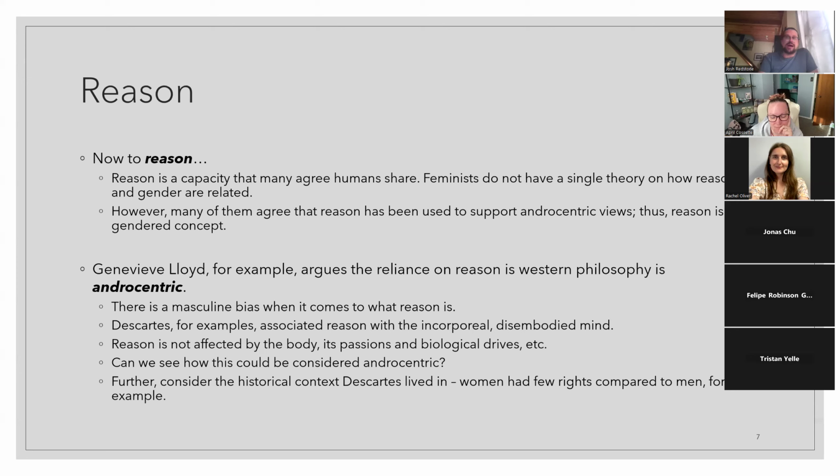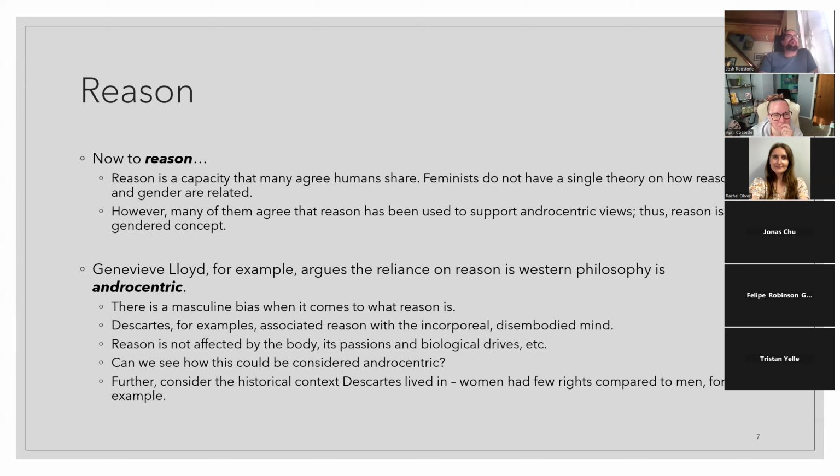It goes all the way back to Plato. But Descartes, if you remember, thinks the human being is ultimately a thinking thing. So it's a disembodied, incorporeal, non-physical mind, ultimately. And reason is not affected by the body, or ought not to be.